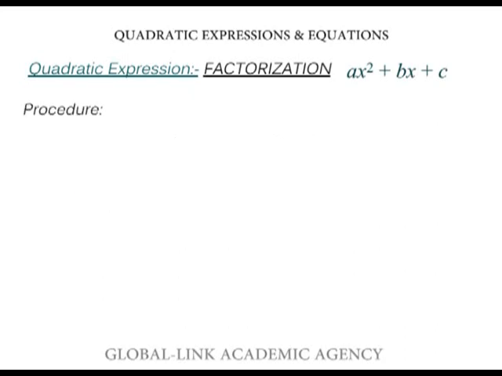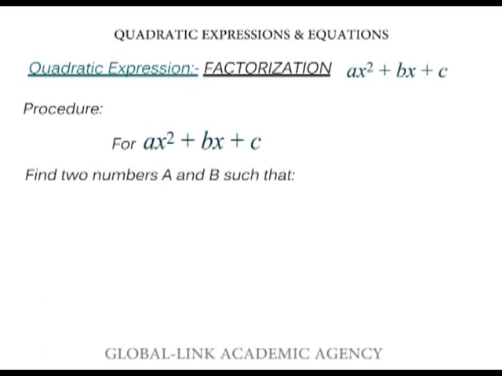Generally, to find the factors of a quadratic expression, ax squared + bx + c, follow the following steps. Step 1. Find two numbers a and b such that a times b is equal to a times c and a + b is equal to b, the coefficient of x.